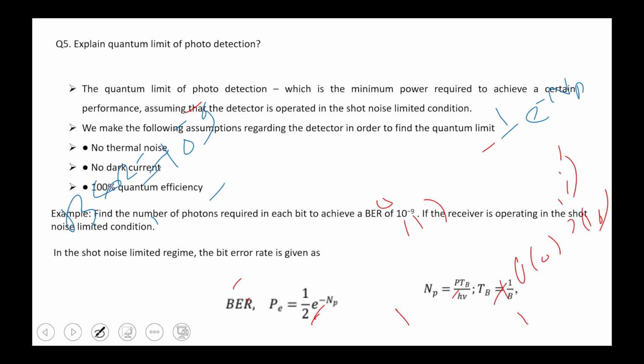So you have to calculate the bit error rate in that case, and you are given that 10 to the power minus 9 is the bit error rate, and you are given the probability of error P_e. So you can take the log of this bit error rate.